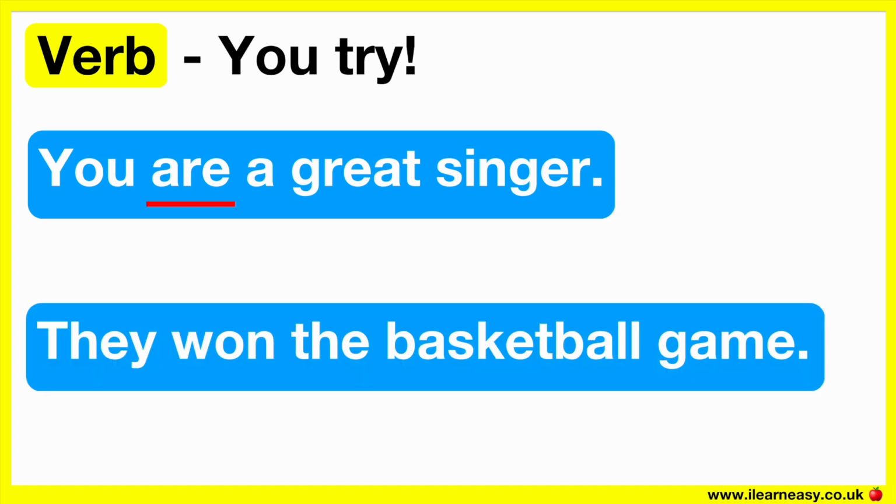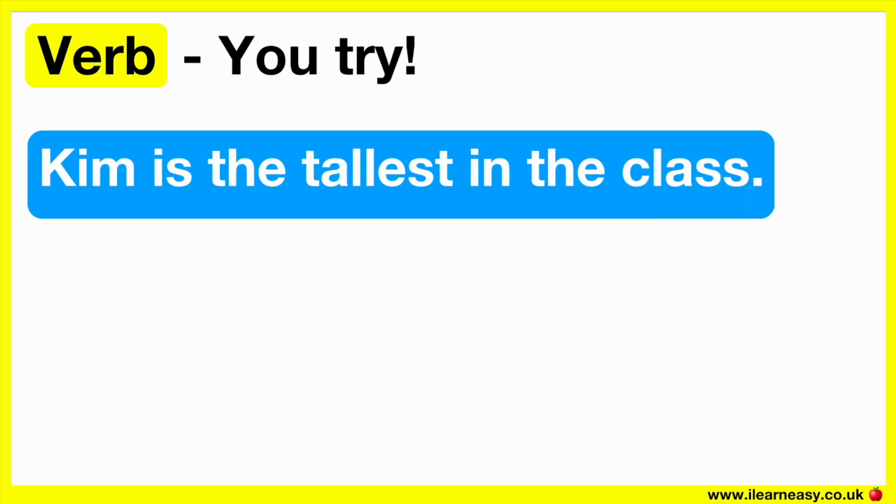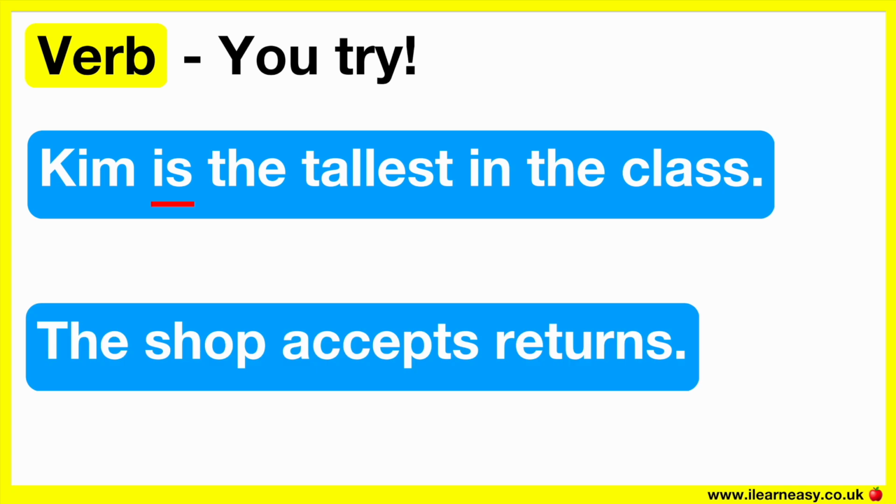They won the basketball game. The verb in this example is won. Kim is the tallest in the class. The verb in this example is is. The shop accepts returns.